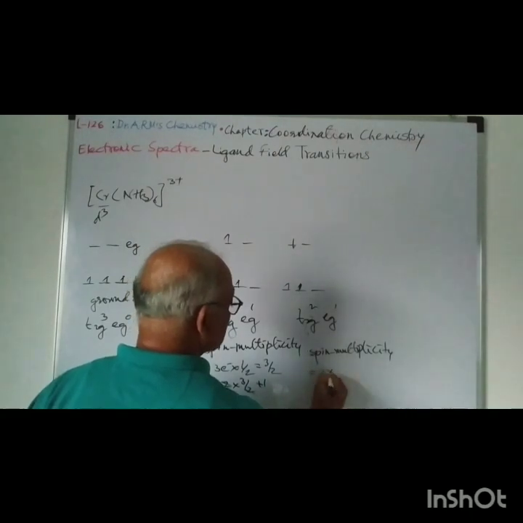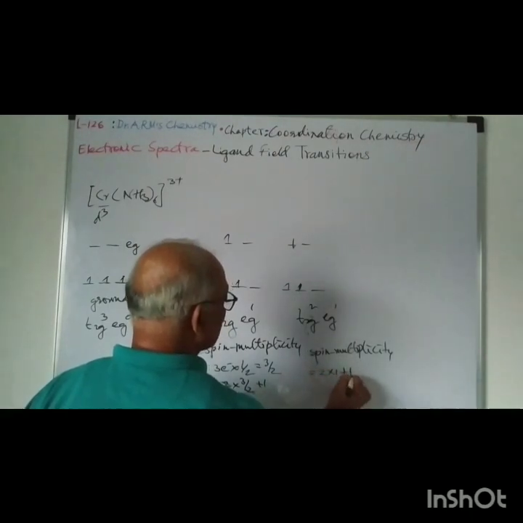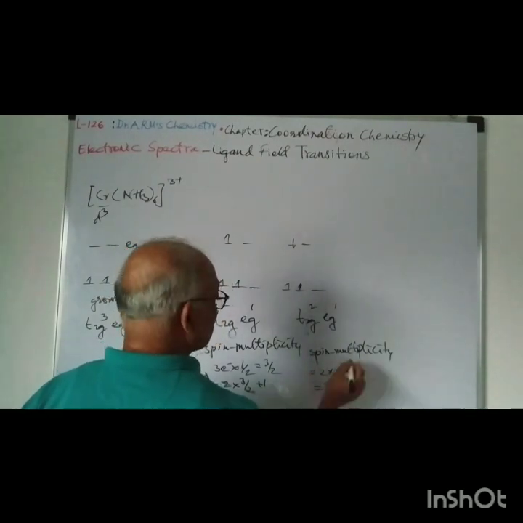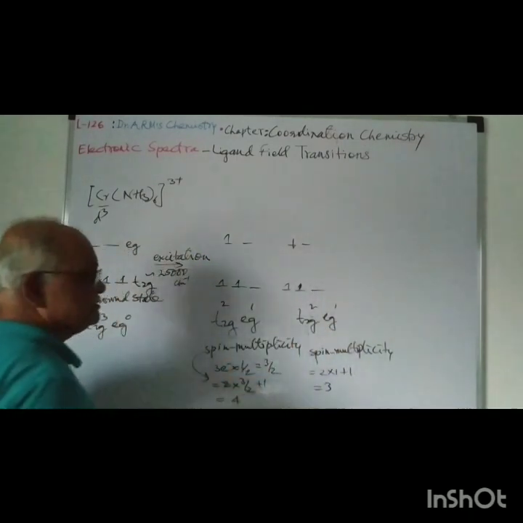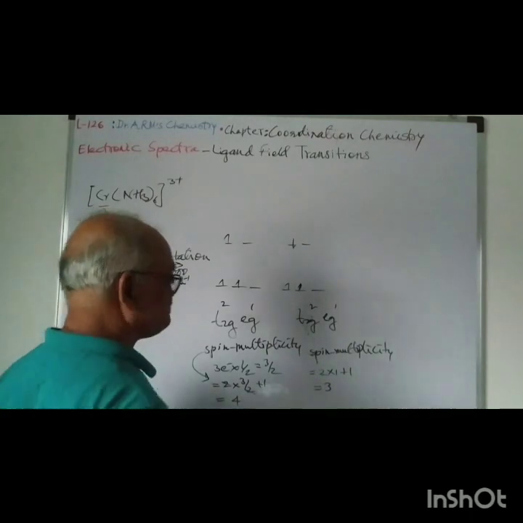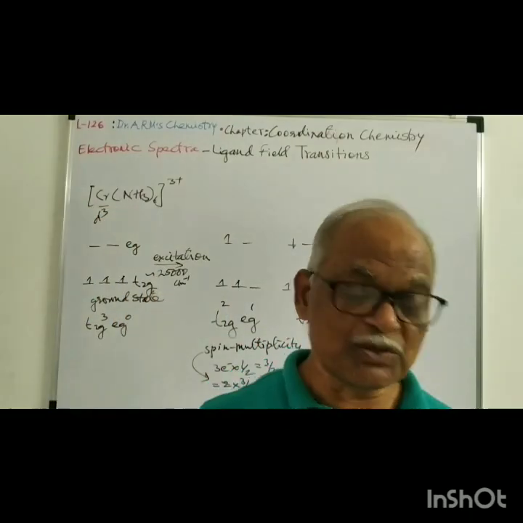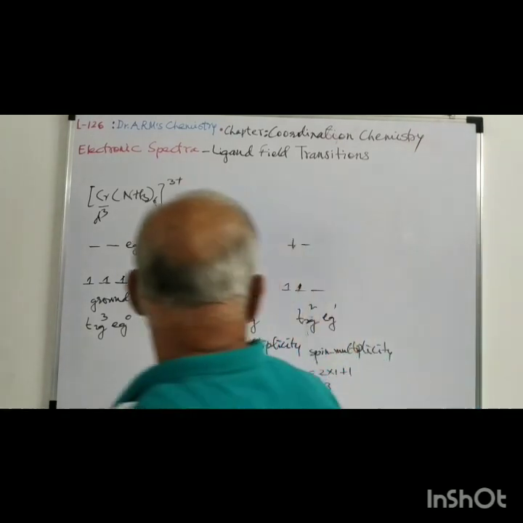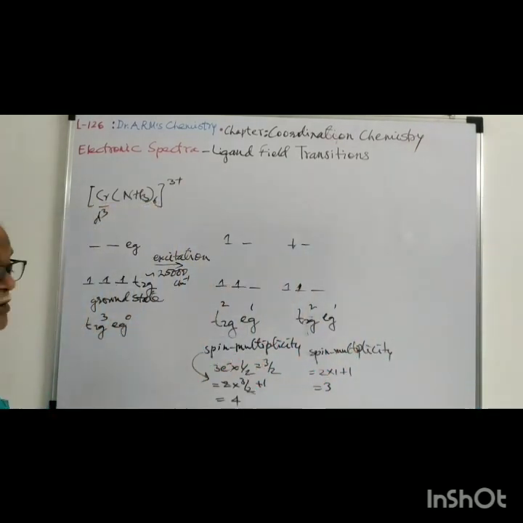So 2 into 1 plus 1 is equal to 3. The spin multiplicity for this type of excited state is 3. In this way we can have different electronic states observed here. So this is now clear.